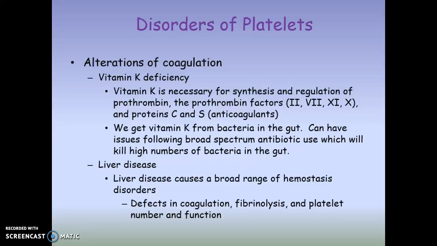So, vitamin K deficiency, a relatively uncommon condition that interferes with the synthesis of prothrombin, coagulant factors, and anticoagulant factors, so that the hemostatic balance between coagulation and anticoagulation is lost. Many individuals with this deficiency will experience easy bruising as well as excessive bleeding.